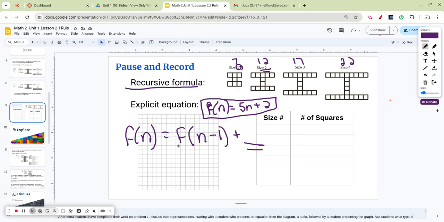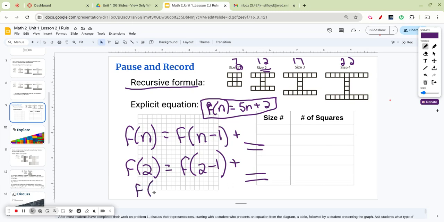Then we would find f of n minus 1, which is f of 1, because if we're looking for f of 2, you put a 2 in wherever the n is, minus 1 plus something is going to give you f of 2.